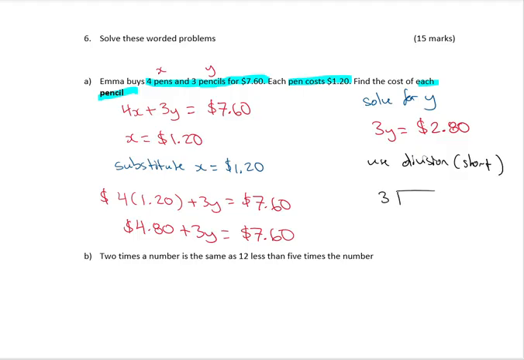So 3 into 2.80. How many times does 3 go into 2? 0. How many times does 3 go into 28? Because the 2 now carries on to the next digit. And make sure your decimal stays the same. It should line up. It's 9 times with one remainder.